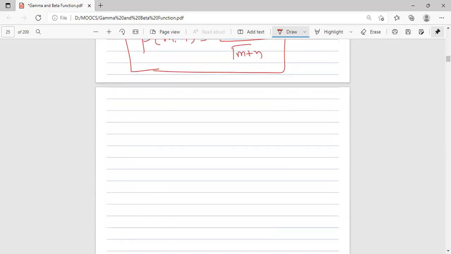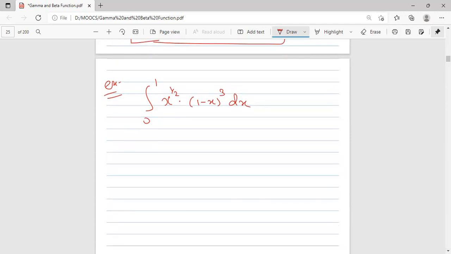Here, a simple integration from 0 to 1 of x raised to power 1 by 2 into 1 minus x raised to power 3 dx. I will find what m minus 1 is here, and n minus 1.